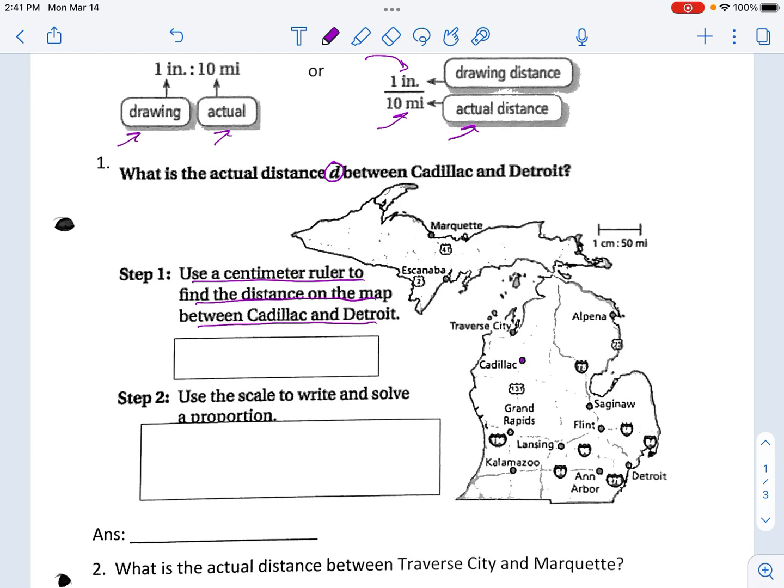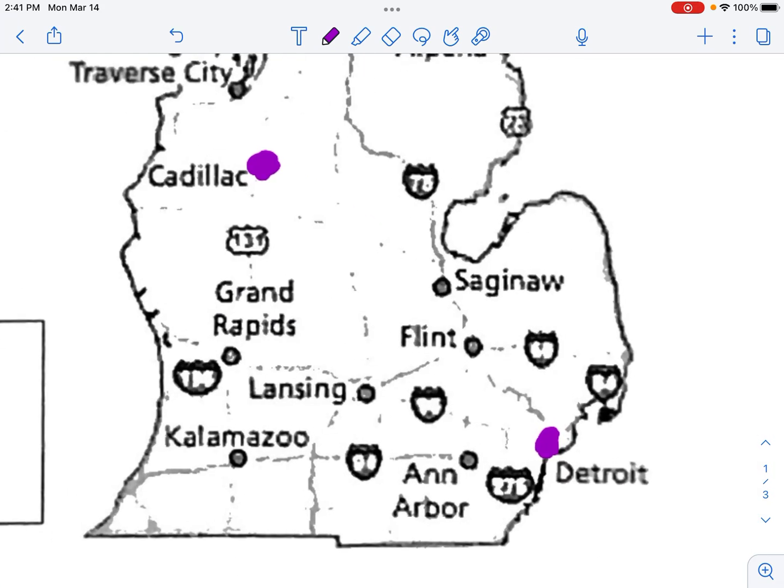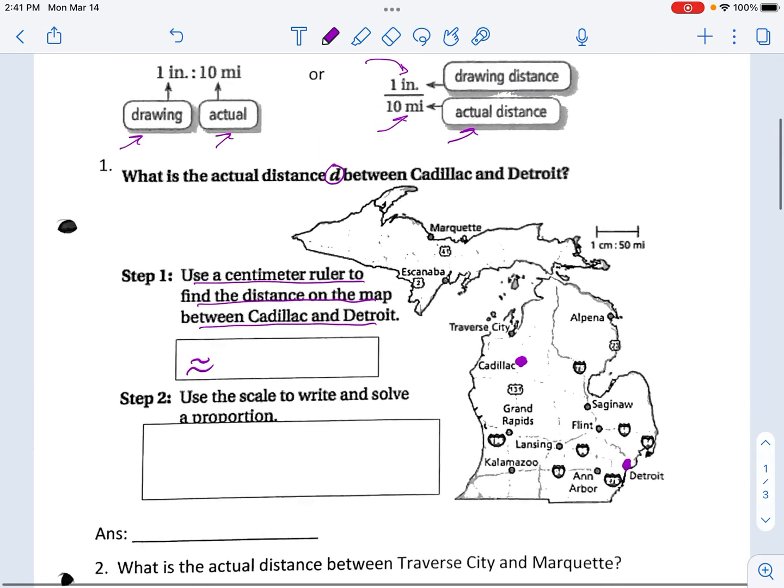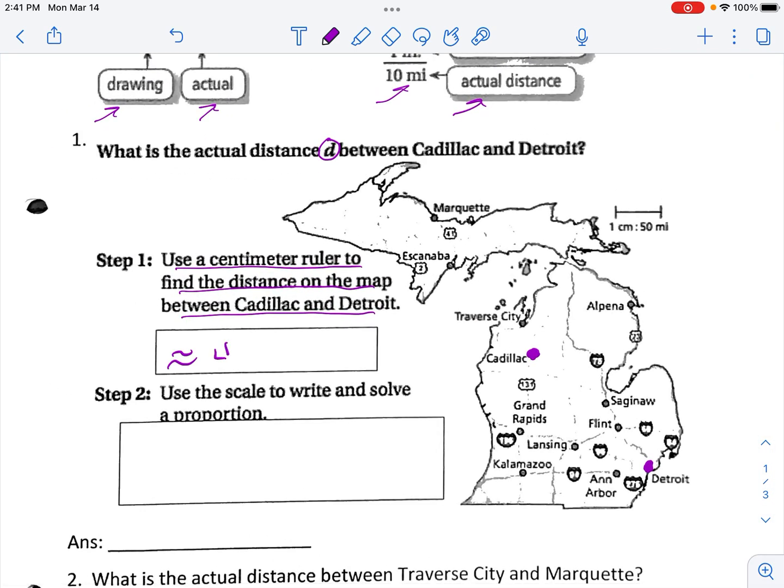Again, here's Cadillac, here's Detroit, and in class, we're going to use a ruler to measure that. When you measure that on a piece of paper without zooming in or out, the distance between the two is 4.5 centimeters.